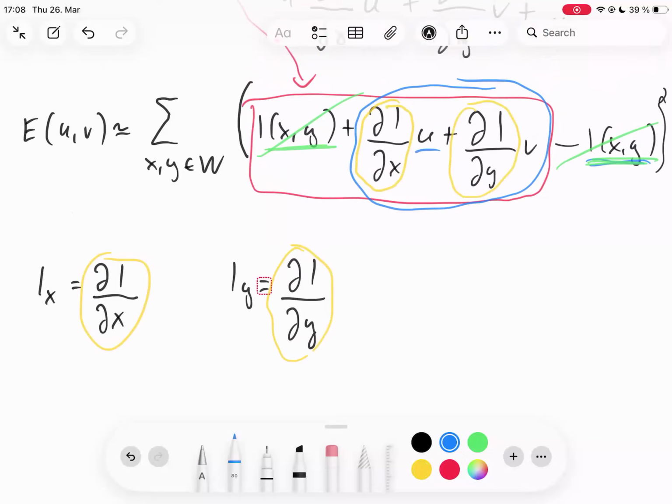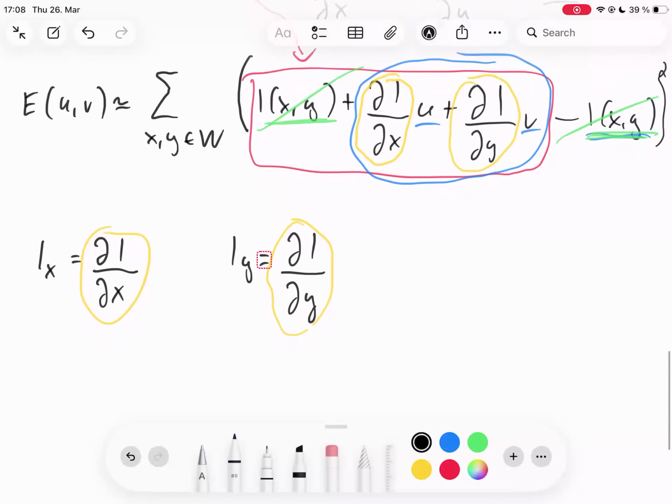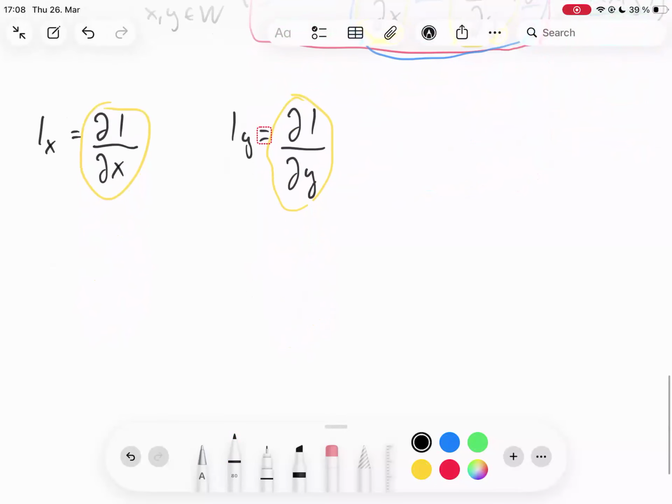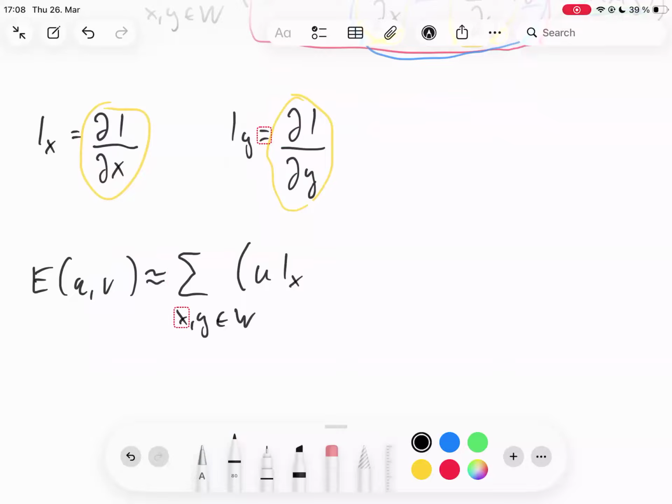We still leave the u's and v's, but we denote this partial derivative as Ix and Iy. So we can say our error function at uv is approximately the sum over this window of u times Ix plus v times Iy, squared.